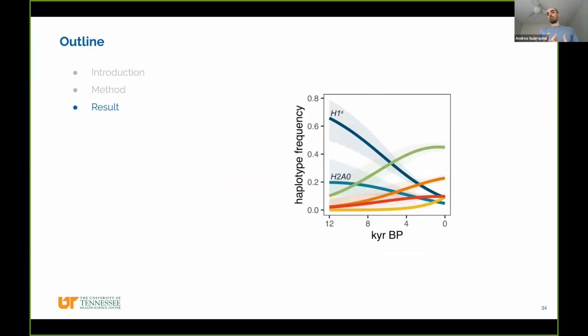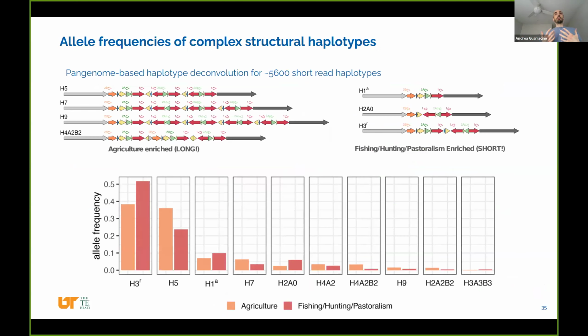I will show you also a few results of the application of this method to the amylase locus. By applying this genotyper to thousands of short read samples, we were able to compute allele frequencies of these complex structural configurations.